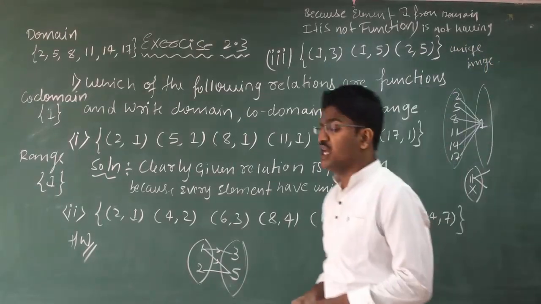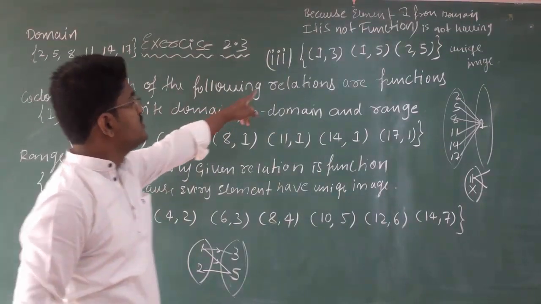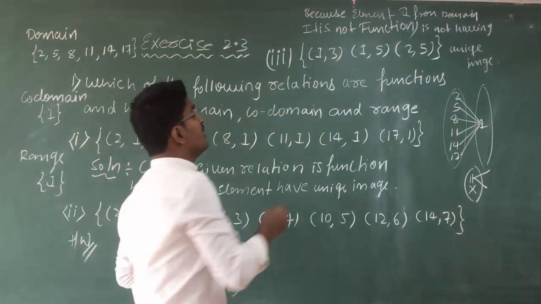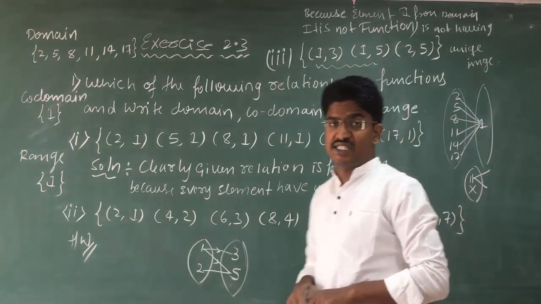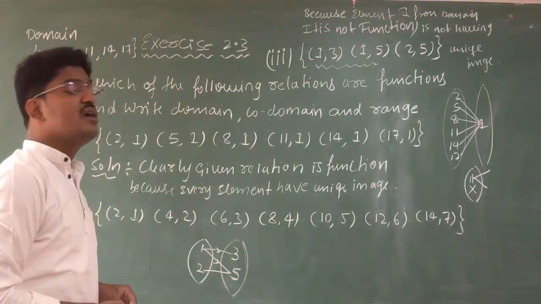Is not having unique image. Clear? See this, 1 has 2 images. One is 3, another one is 5. Because of these 2 ordered pairs, it's not going to be a function. It's not going to be a function.